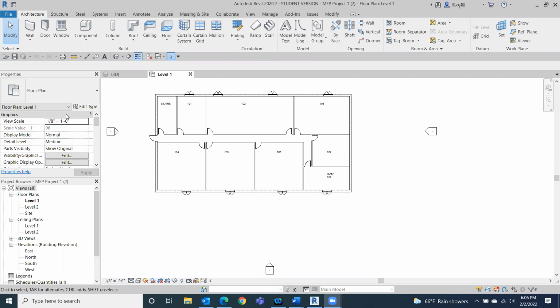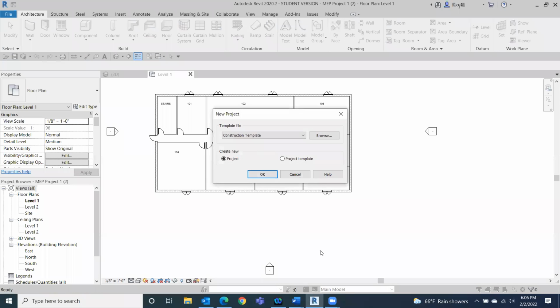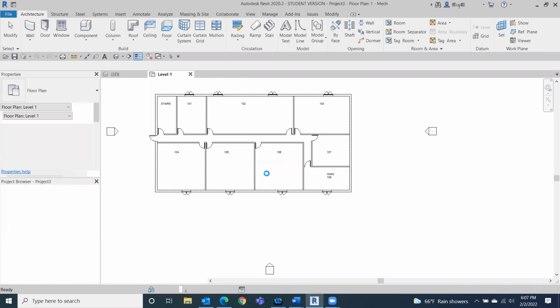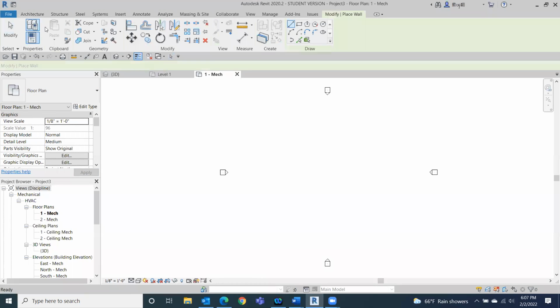Let me take a look at that on my end. Just in case you guys are having the same issue, let me show you what he's talking about. When we go into a new file, on this one I asked you to work in mechanical. Let me throw up some walls real quick.